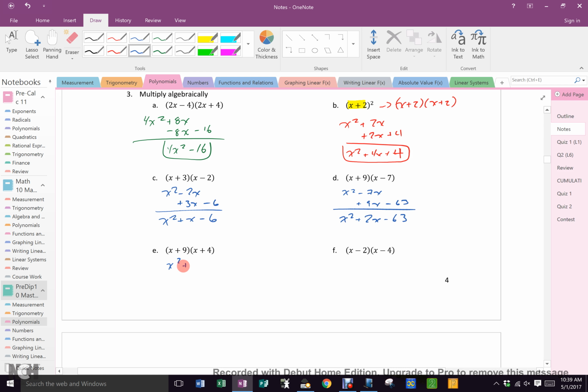X squared plus 4x plus 9x plus 36. X squared plus 13x plus 36. And x squared minus 4x minus 2x plus 8. X squared minus 6x plus 8. Was everybody good to there?